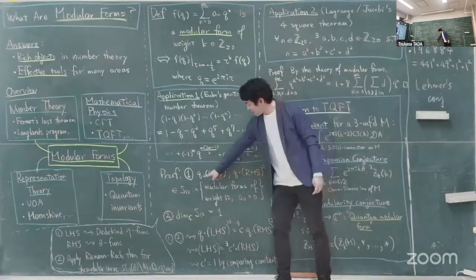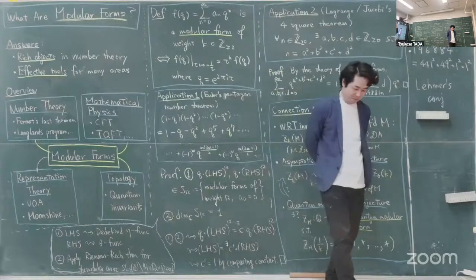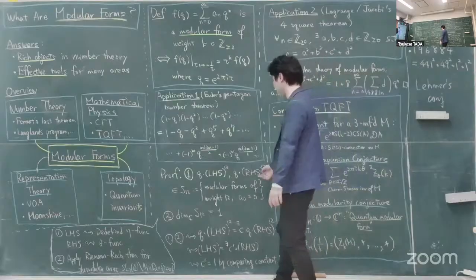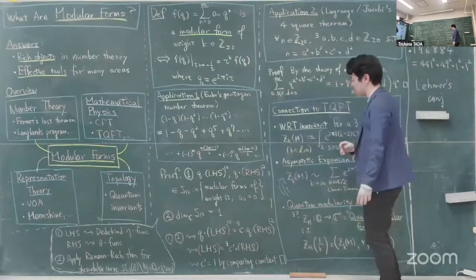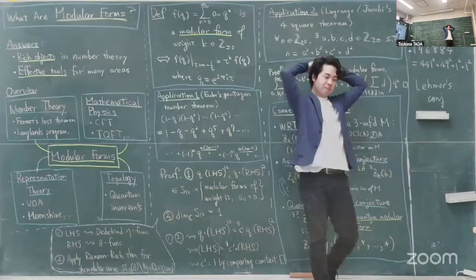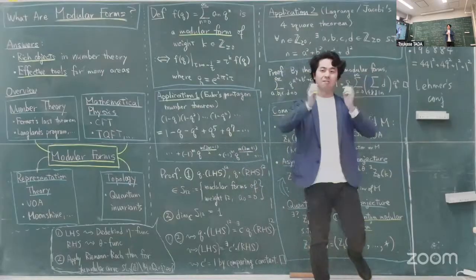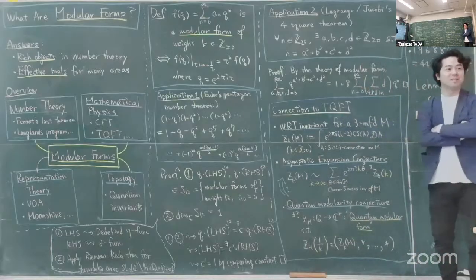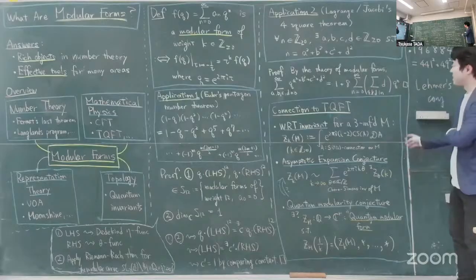In fact, q times the left hand side to the 12 is known as Ramanujan's delta function, and Lehmer's conjecture suggests some behavior of the coefficients of the Ramanujan delta function. This is widely known, and I think this is interesting.